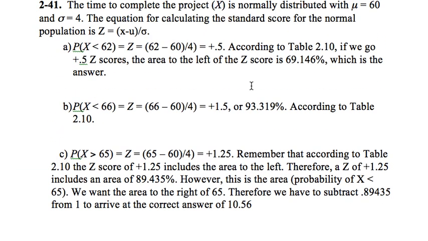For B, it says, okay, what's the probability that X now is less than 66? Once again, we go through the math, and according to the math, we have a standard Z score of plus 1.5 Z's from the mean.